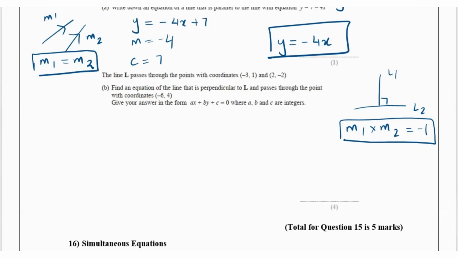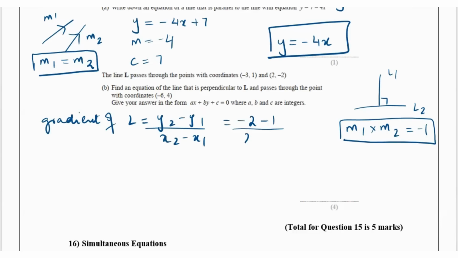So let's begin and find the gradient of the line L. Gradient of L is y2 minus y1 over x2 minus x1, which is negative 2 minus 1 over 2 minus negative 3. That is negative 3 over 5.